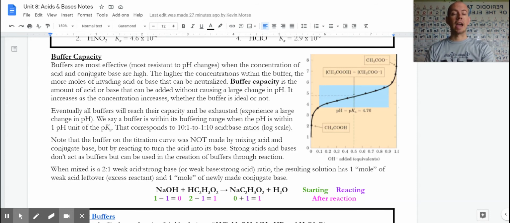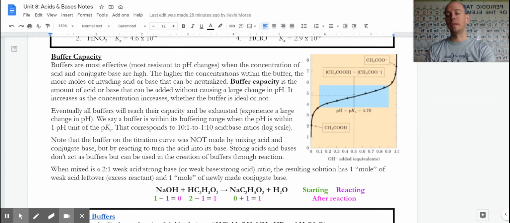The acid-base reaction is a one-way reaction. So when 1 mole of this goes away, the reaction has to stop because I now have none of my limiting reactant left. That has made 1 mole of sodium acetate. It's also made an additional mole of water, but we're focusing on our solution here. So we have no sodium hydroxide, and now we have 1 mole of sodium acetate.